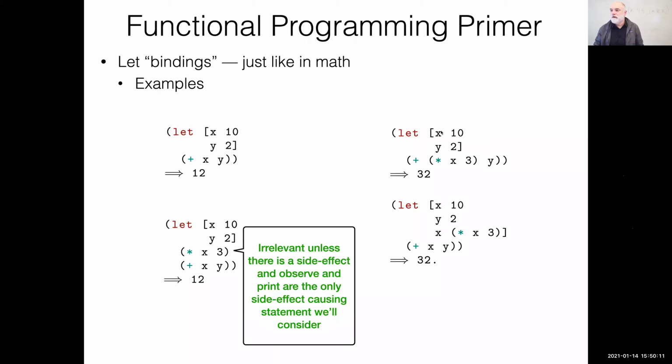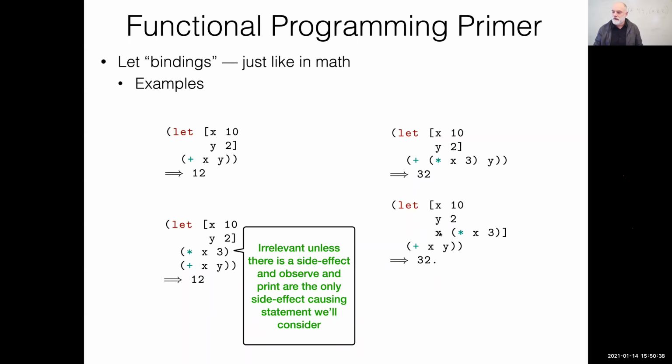A simple example here, x is 10, y is 2. We have another slightly more complex expression. That's totally fine. You can do in-place computation in a let expression. So x is 10, y is 2. x is the value of times x 3. I probably should have made that a y, but that's fine. Oh, no, that's fine, x.